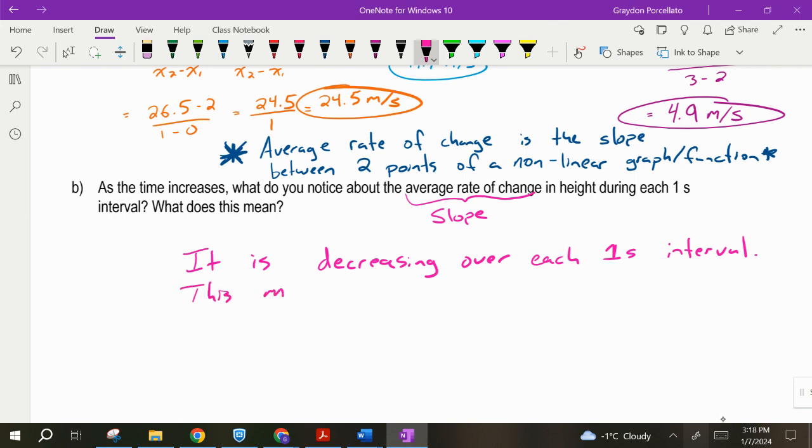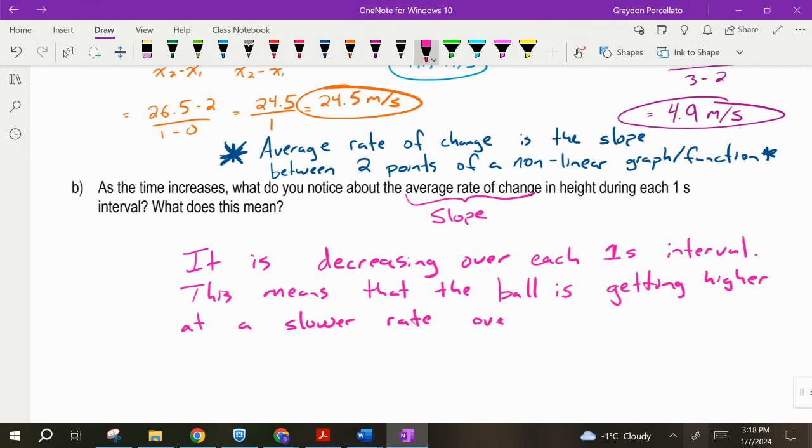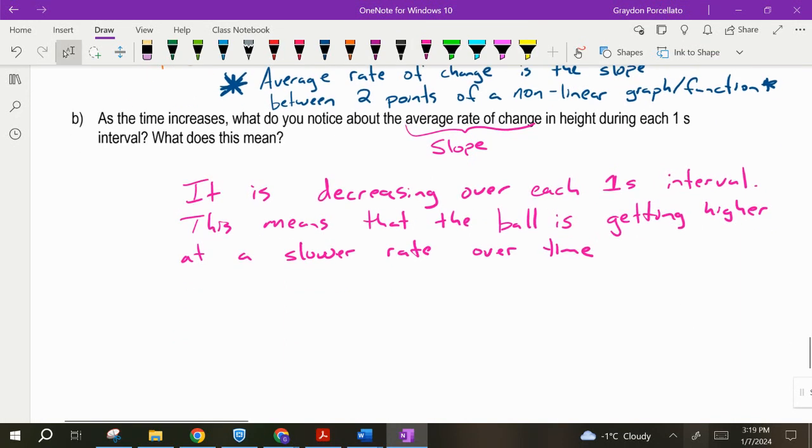This means that the ball is getting higher at a slower rate over time.